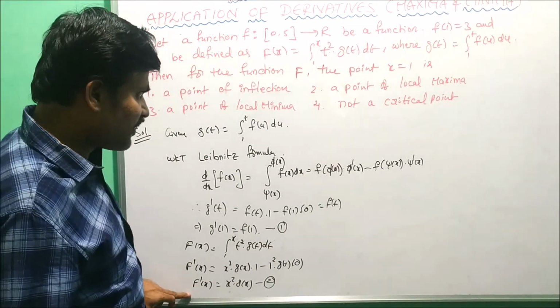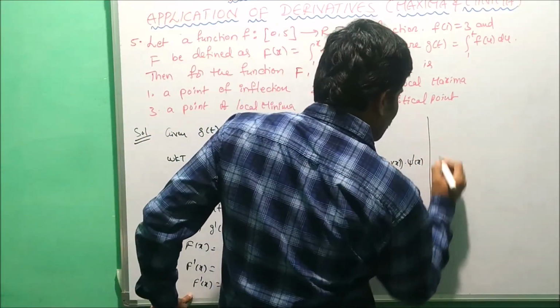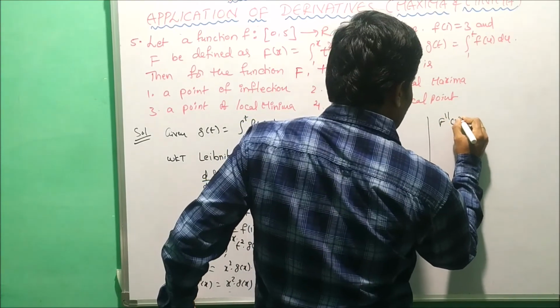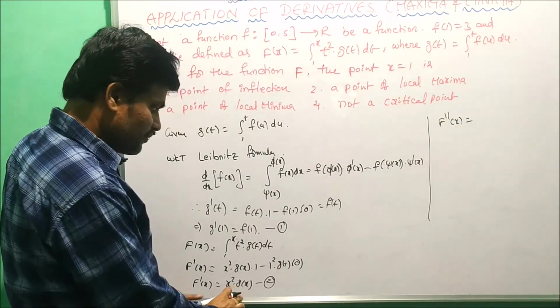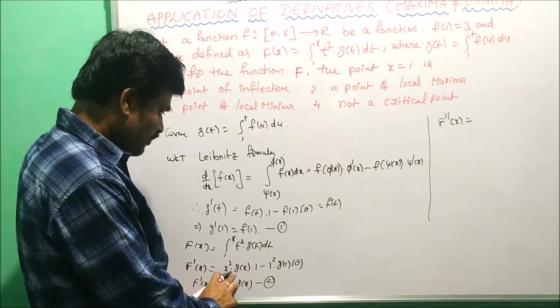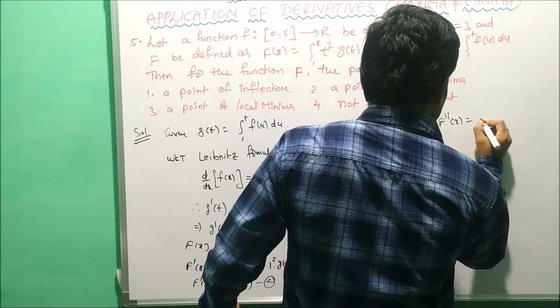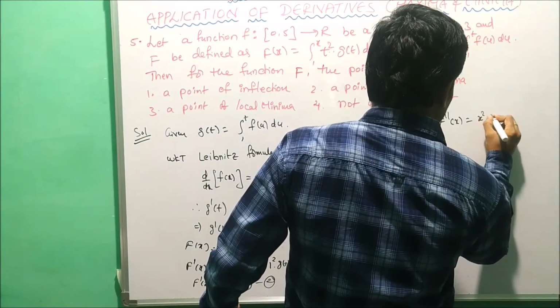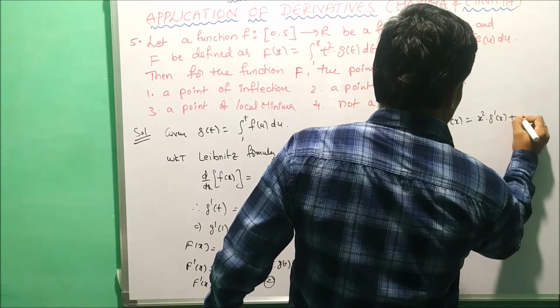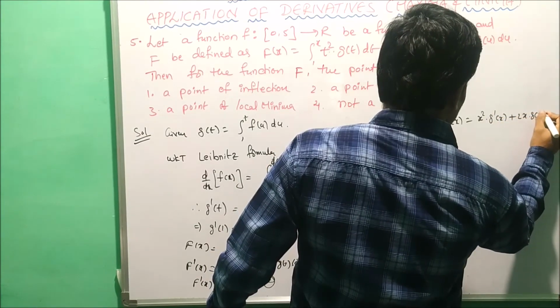Now again differentiate F dash x, that is F double dash x. Here this is uv form, uv dash plus u dash v. So x square into g dash of x plus 2x into g of x.